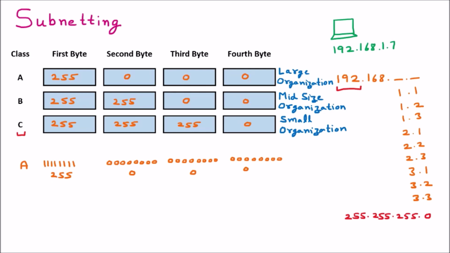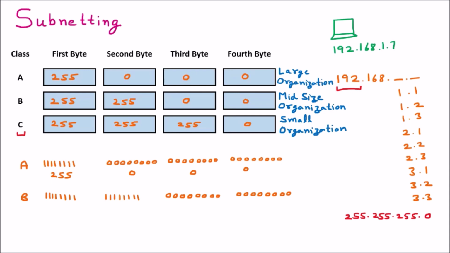Similarly, if we talk about the class B, then in the class B, the two consecutive bytes, meaning 8 and 8 bits, will be set to 1. So 8 times 1, then again 8 times 1, then 8 times 0, and again 8 times 0.